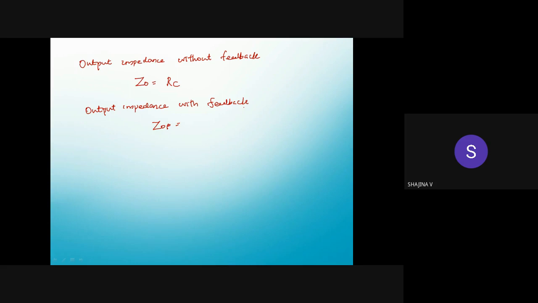Current sampling means we are connecting in series. So output impedance will increase by a factor of 1 plus A beta, right? So here I can write RC into 1 plus A beta. That is 1 plus A beta means 1 plus beta into RE divided by R pi plus RE, right?